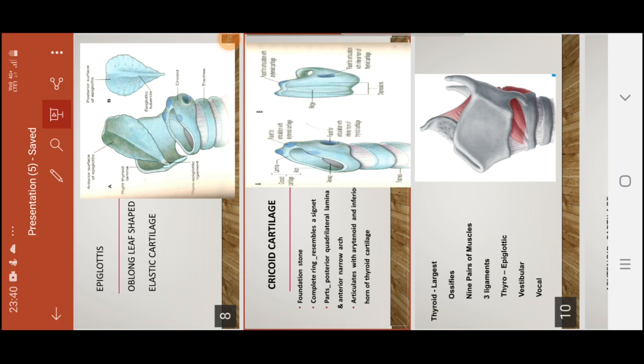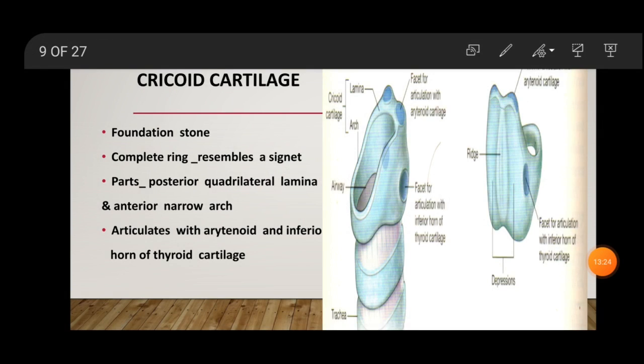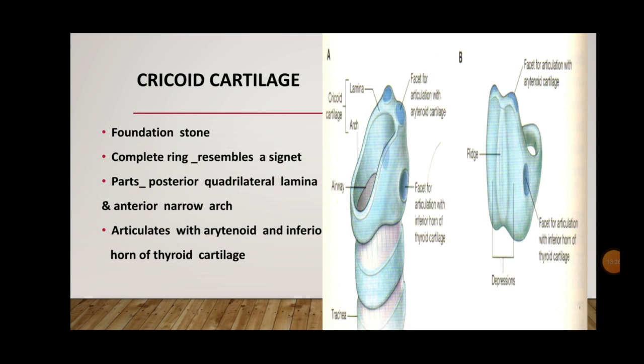Okay, so coming to the next single cartilage, that is the cricoid cartilage. It has some peculiar features. It is the only cartilage of the larynx that forms a complete ring around the cavity of the larynx.